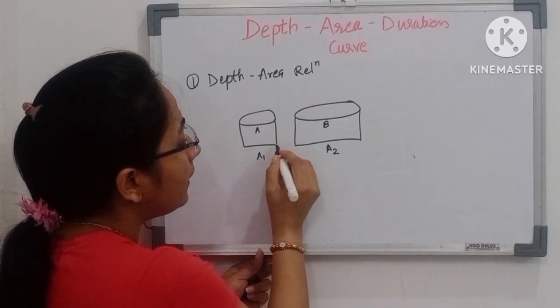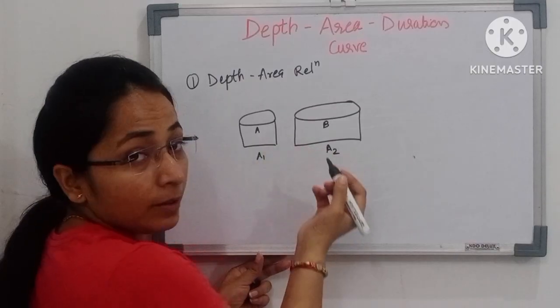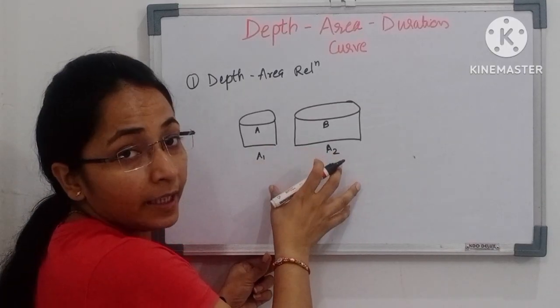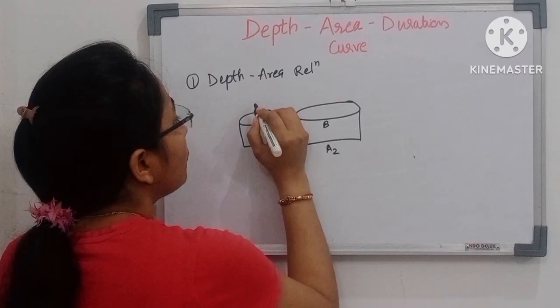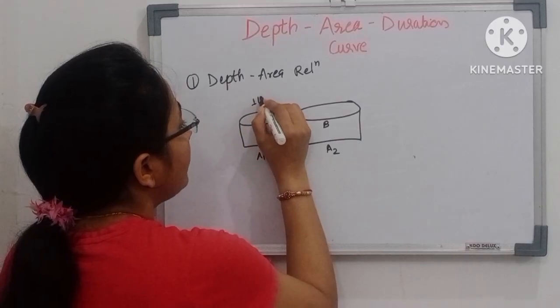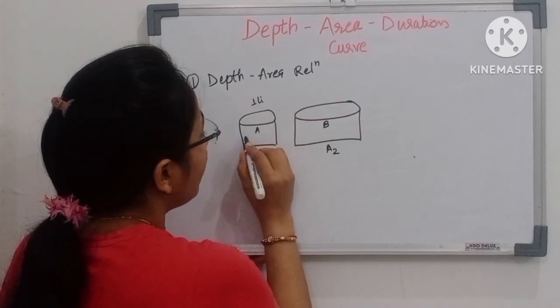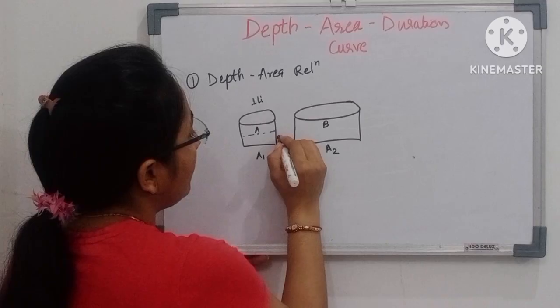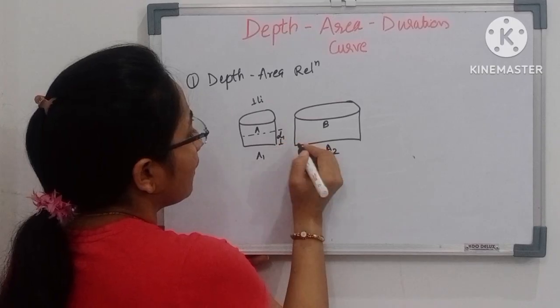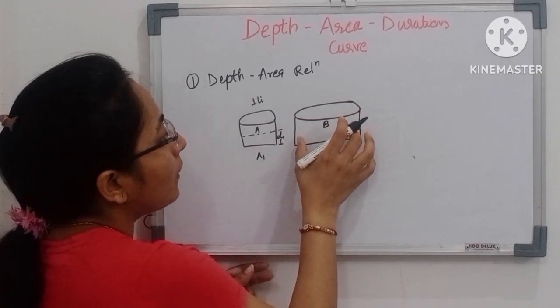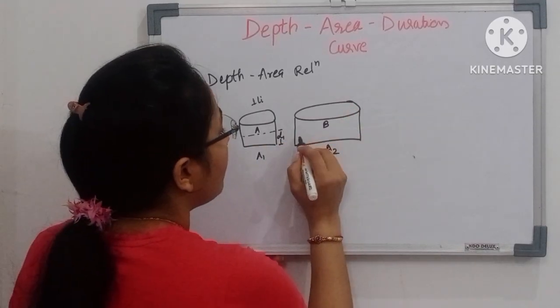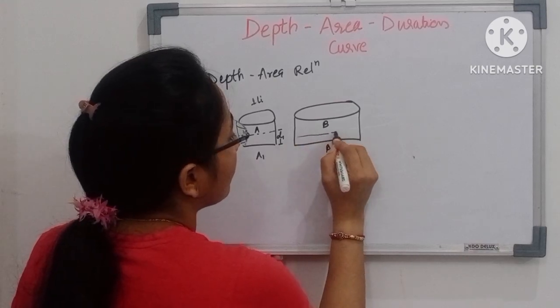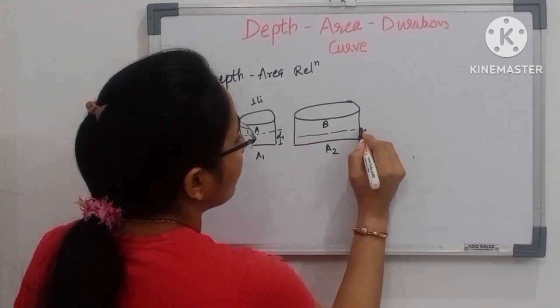The depth in each container will be different since the areas of the containers are different. So if we pour 1 liter of water here, then the depth will be like this, D1. And if we pour the same quantity in container B, the depth will be D2.